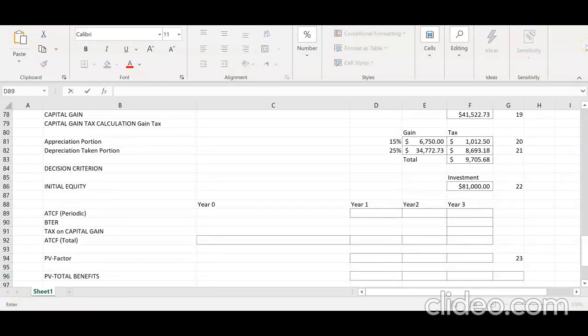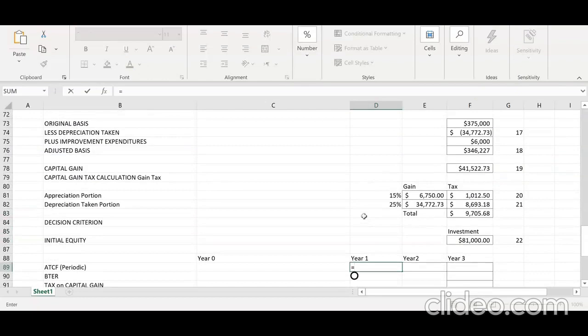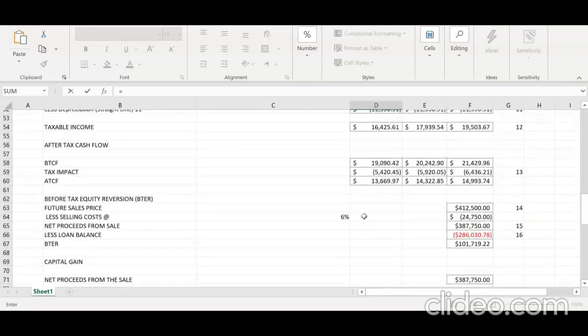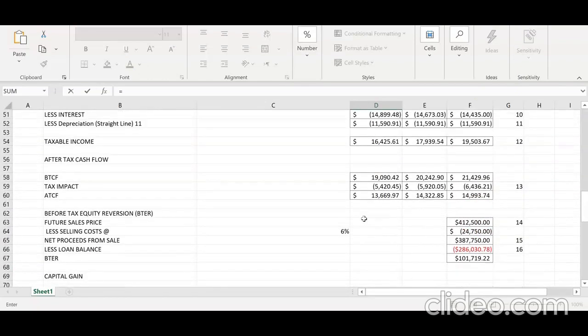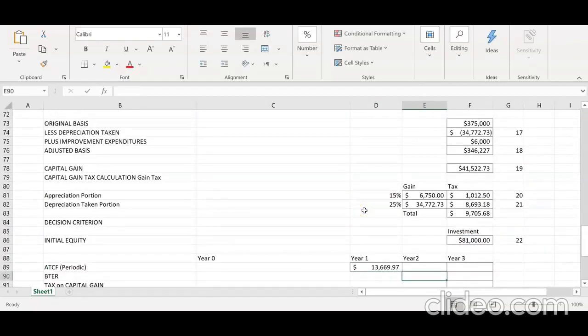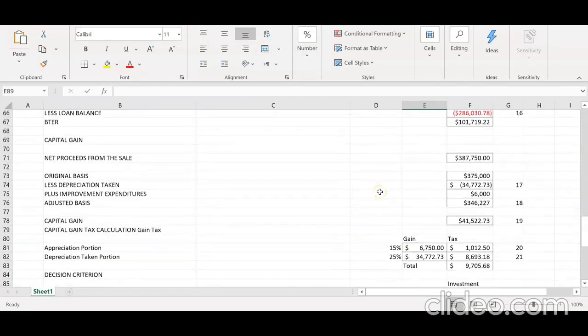To calculate the after-tax periodic for the first year, we'll use the previous assumption over here, and it's going to be the same for the second year and the third year.